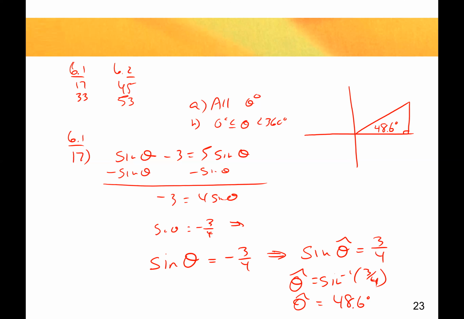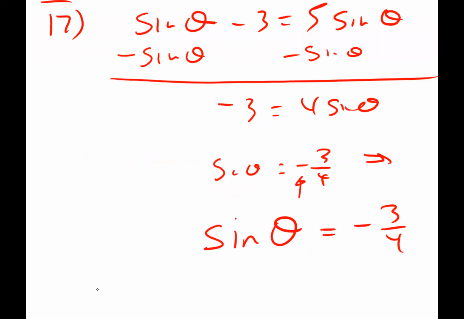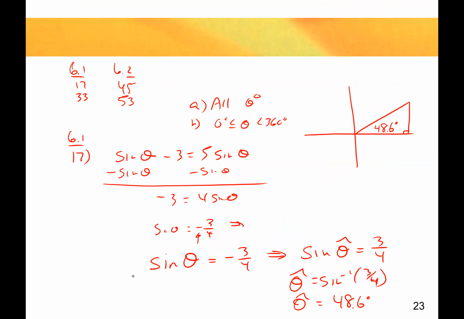What we want is all the negative values of it. For y to be negative, it has to be here and here.